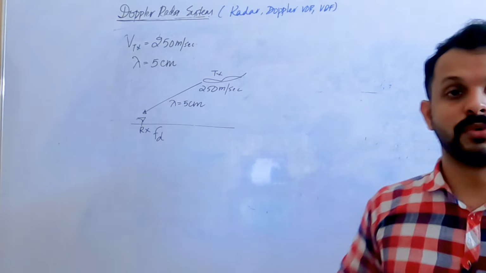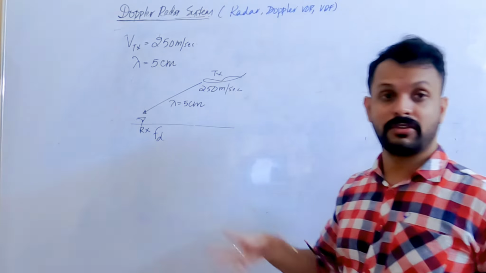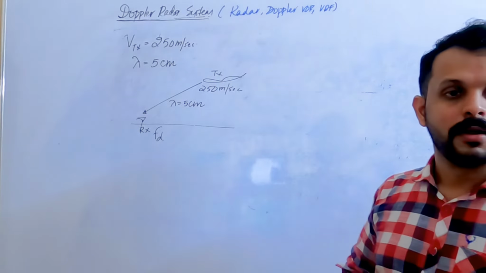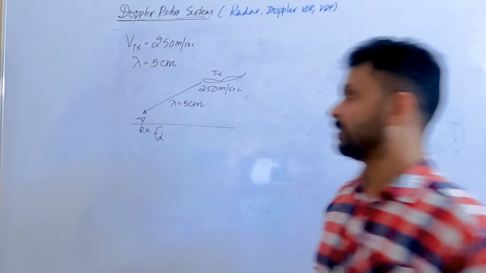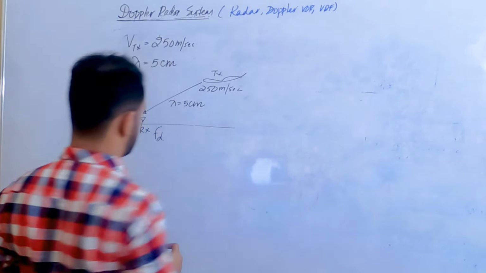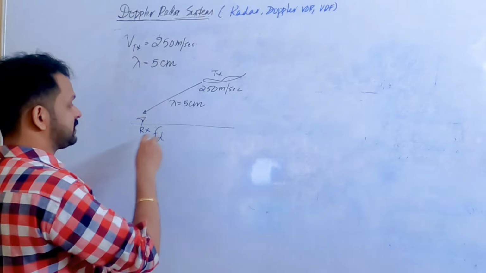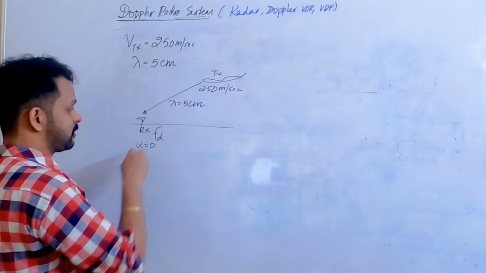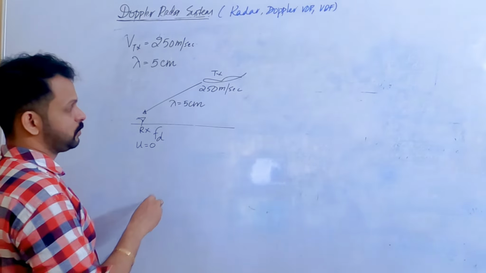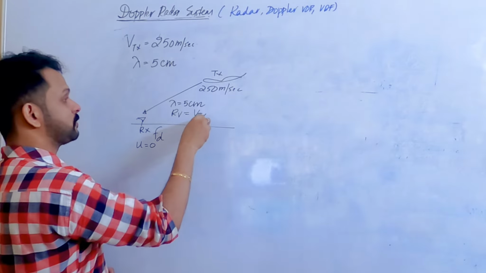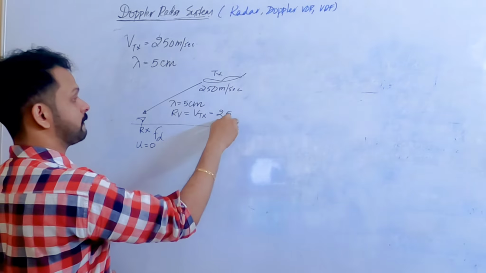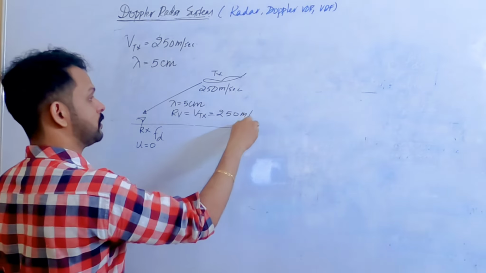Since the aircraft is moving towards the receiver, we know that the frequency shift is going to increase, because it is thrusting towards the receiver and the relative velocity is higher. But since the receiver is stationary, whatever relative velocity you find will be basically the velocity of the transmitter, which is given as 250 meters per second.